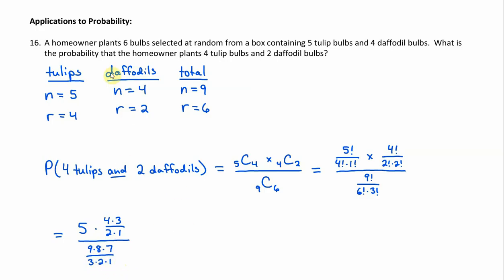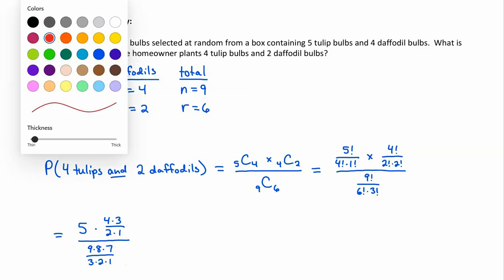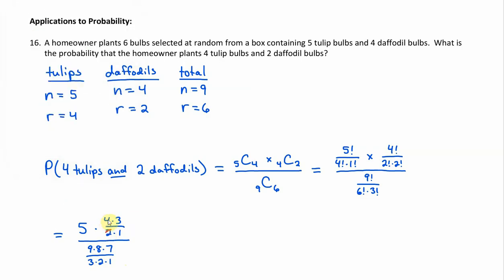And then I guess we could simplify what we could simplify here and say, well, 2 goes into 4 twice, right? And then down here, 3 goes into 9 3 times, 2 goes into 8 4 times. So it doesn't look like the best 4, but I'll get a better looking 4 here in a second.